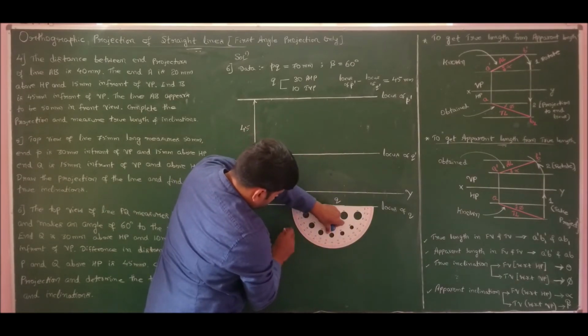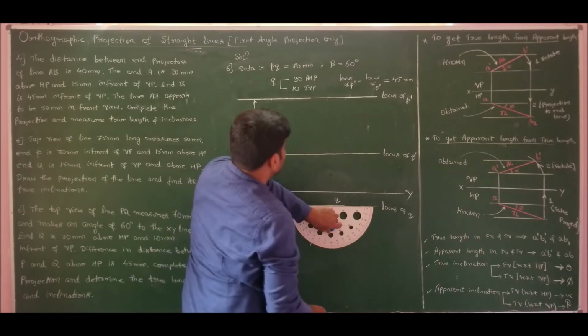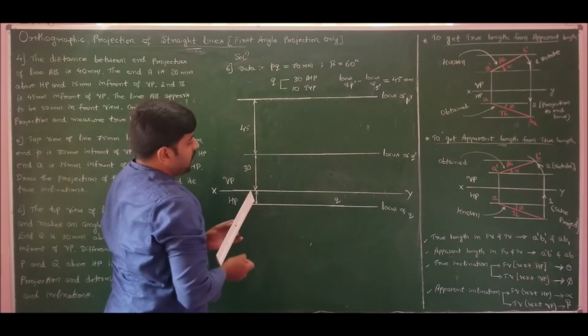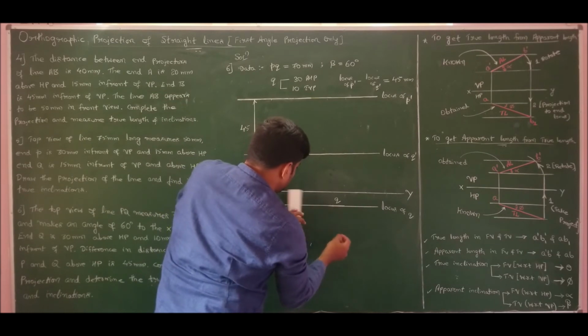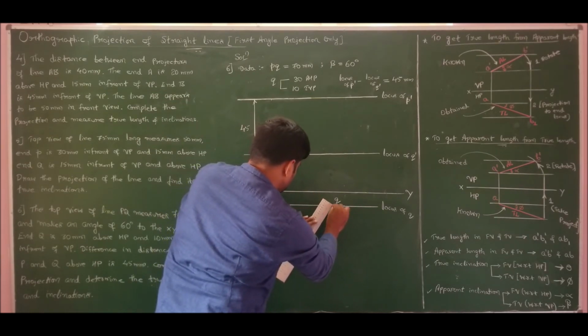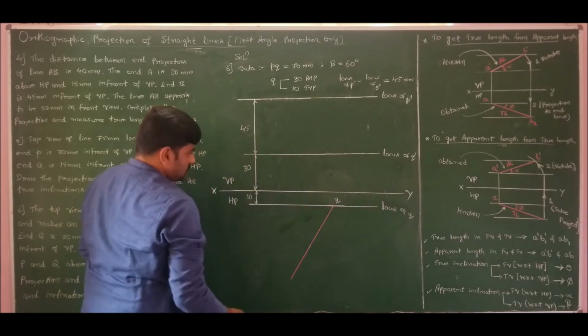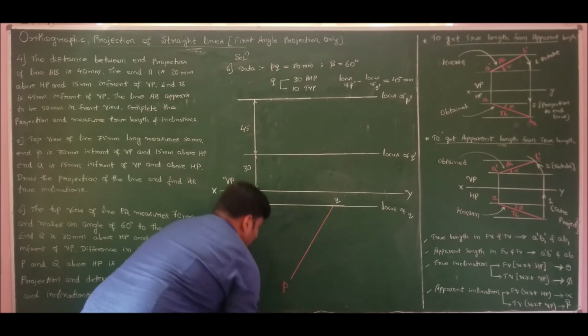Since PQ is the apparent length, I will draw it with a different chalk because it should be a dark line. So PQ I have drawn for a distance of 70 millimeters. Thereby I got the point P.